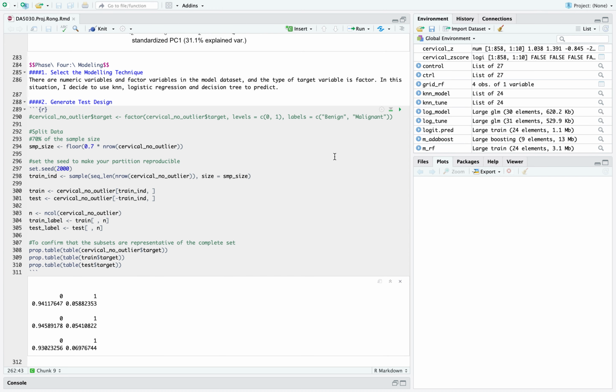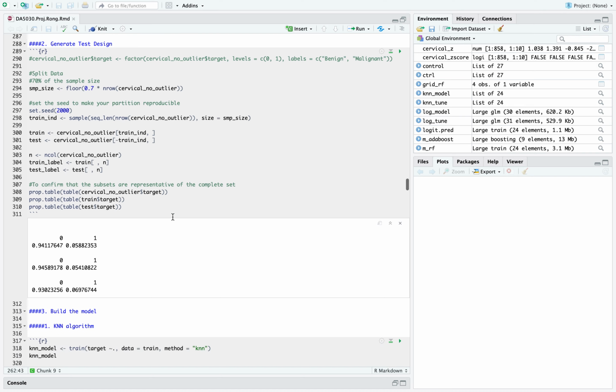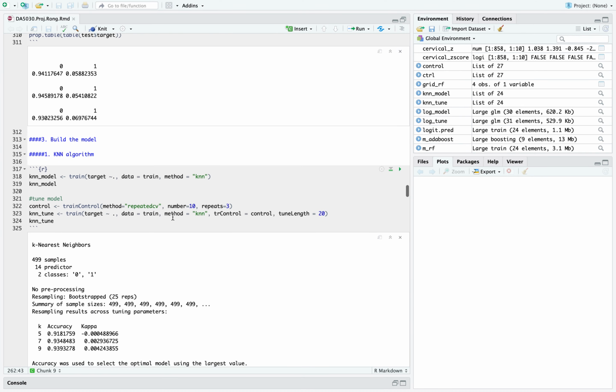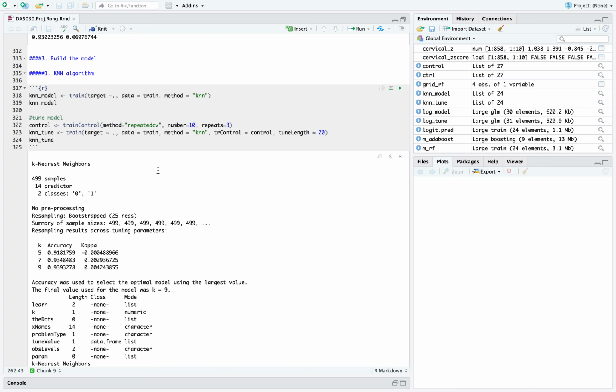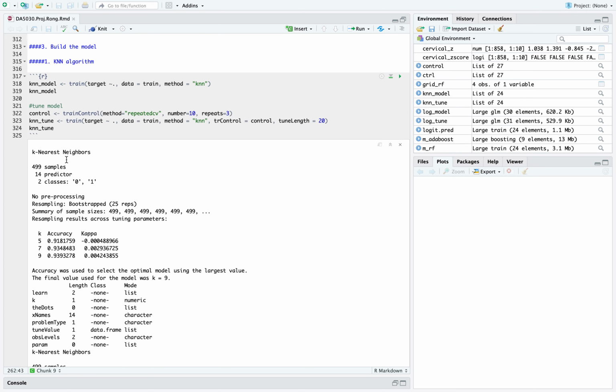In this part, I need to split my data set: 70% of my data is the training set, and the rest is the test data set. We can take a look at my models.